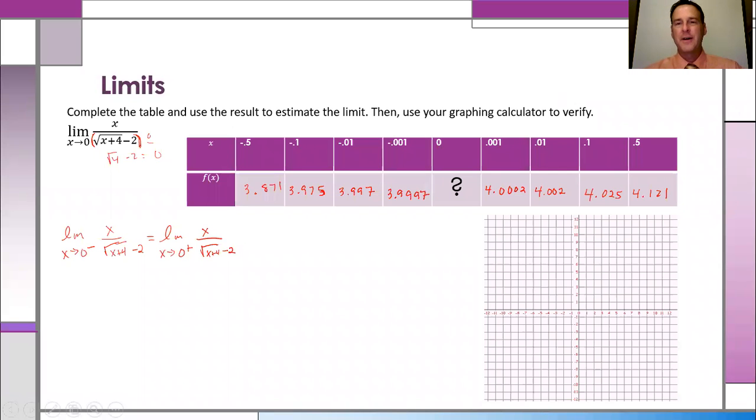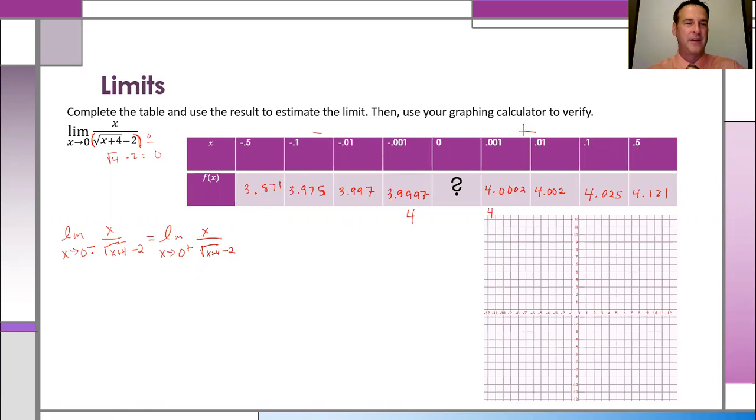Okay, here's what I got for my inputs. You can see I did both the left side and the right side. And you can see that from the left side, the more negative direction, going to numbers closer to 0, you can see that they get closer and closer to 4. And as you go from the positive side, they get closer and closer to 0. That also looks like it gets closer to 4.